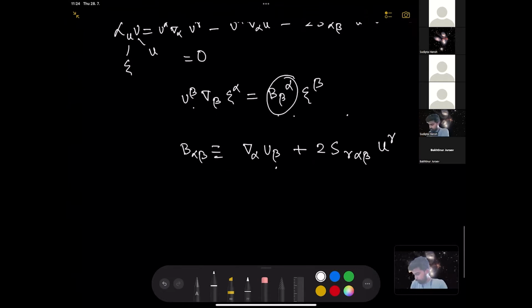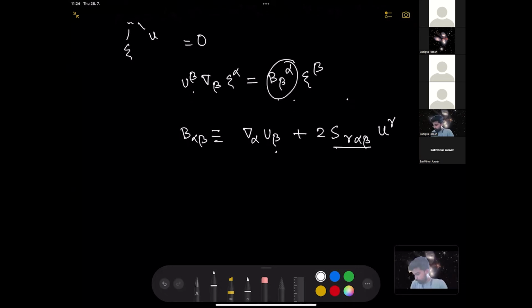So we see that in the expression for B alpha beta, there is the torsion tensor. So definitely it is not the same if there is no torsion. And this B can be determined by calculating the covariant derivative of the tangent vector, and also there is a contraction of the torsion tensor with the tangent vector.